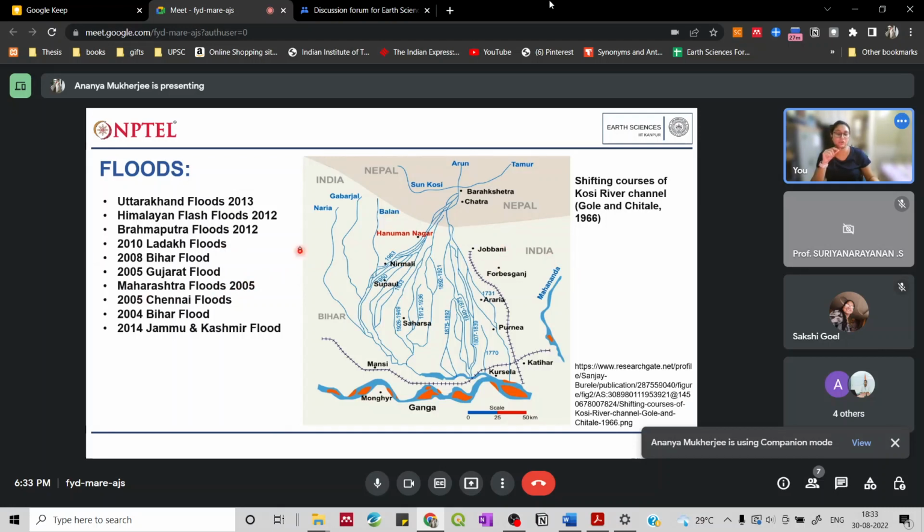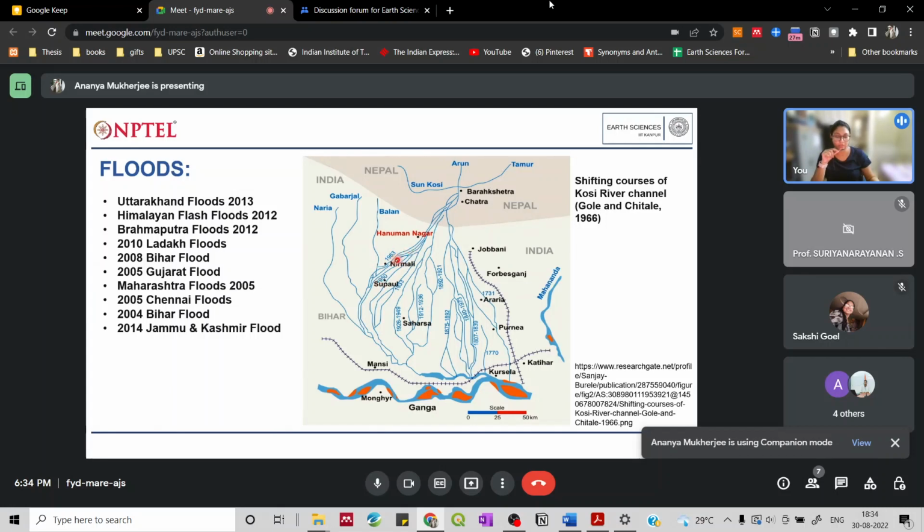The image shown over here is actually of the Kosi River. Kosi River is one of the major areas where the floods are caused, and it's also responsible for the majority of the floods that are caused in Bihar. So you can see that the blue lines over here have years marked next to them.